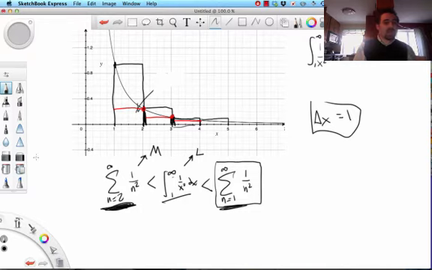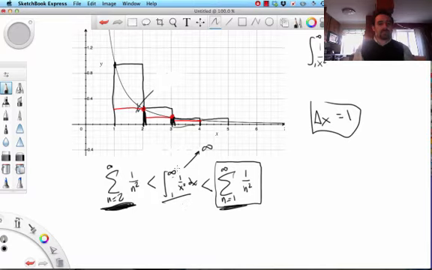Well, what would happen then if the middle one diverged? What if the integral diverges? What happens if it goes to infinity?